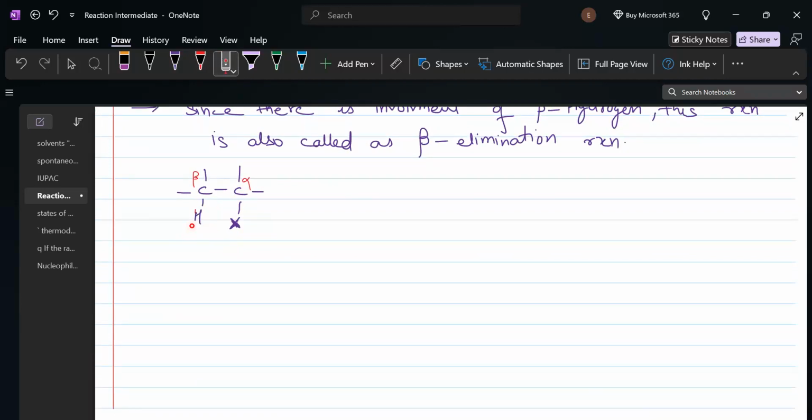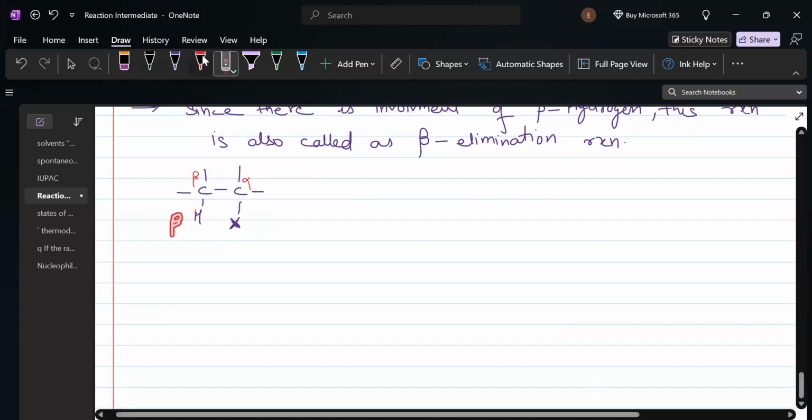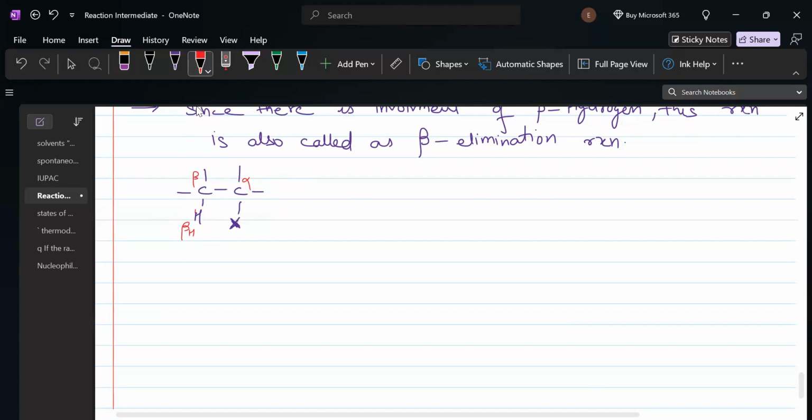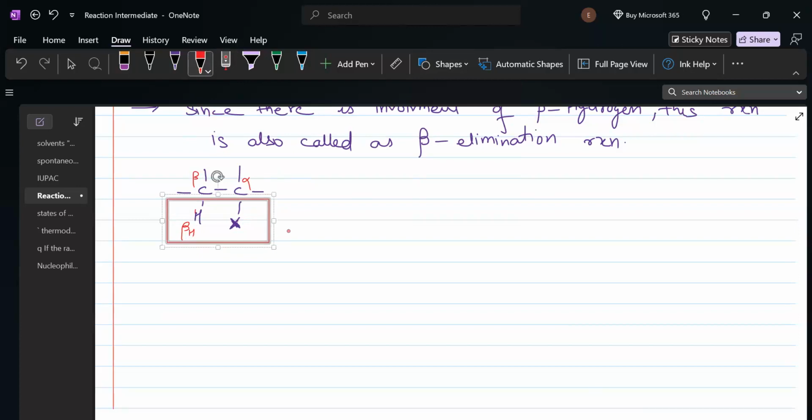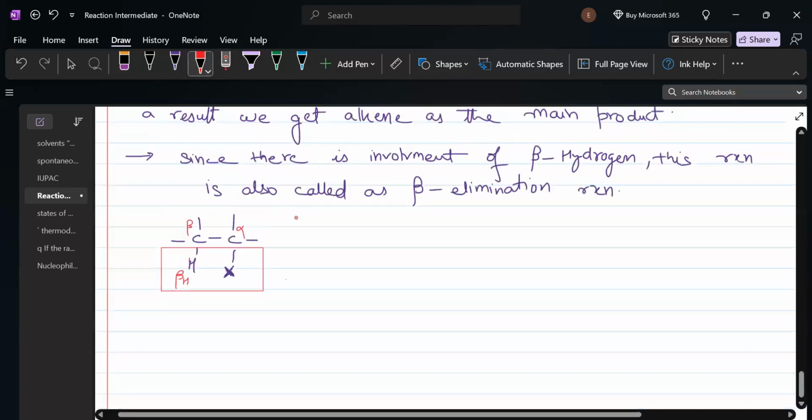And the hydrogen atoms connected to the beta carbon are known as beta hydrogen. It can be 1, 2, 3, right? Yes, sir. So this hydrogen and this hydrogen will get eliminated by the definition.